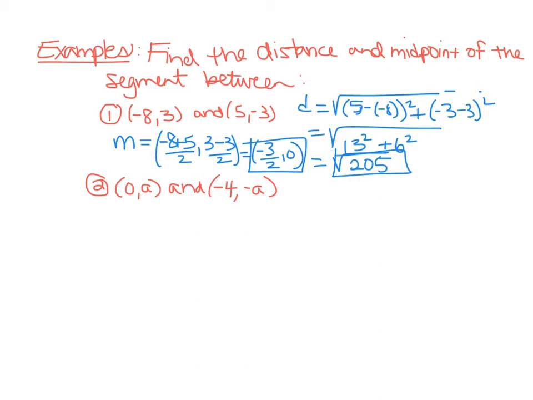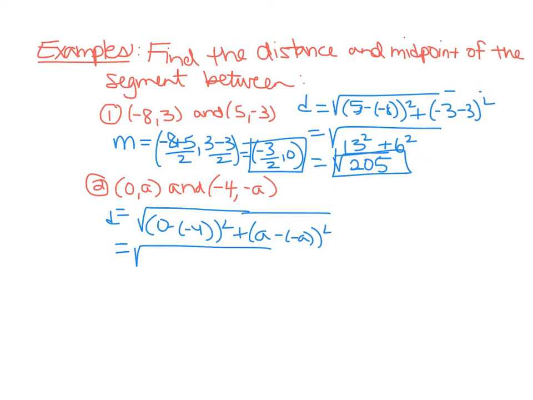So for number 2, I gave you something that had a variable in it, just because it's extra fun. So distance formula, pretty much the same idea. You can use the same formula. The only difference is that I do have the letter a in there.